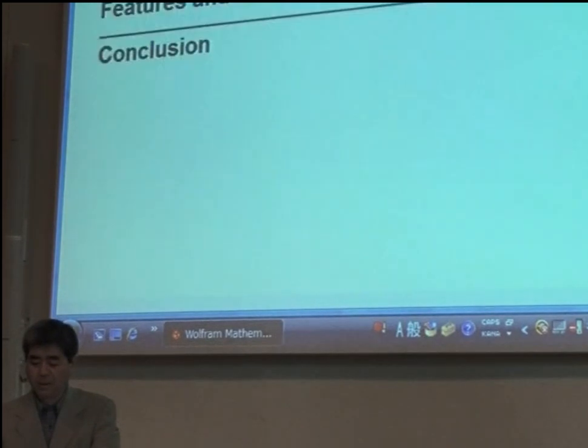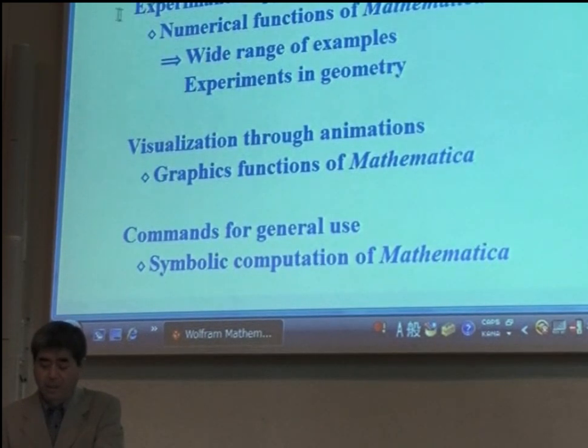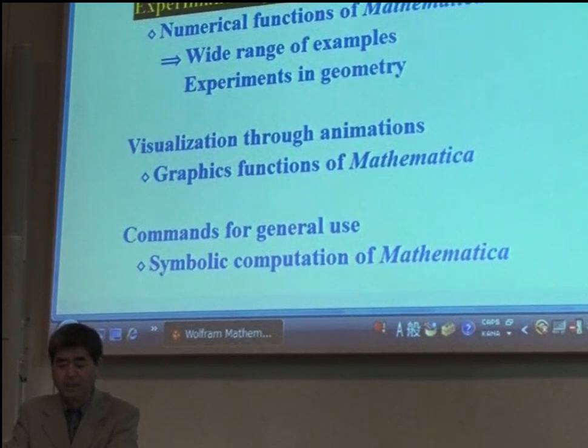So I'd like to explain the features of my book, namely the features of DGeometrica, compared to the book of Alfred Gray. First, I put more stress on the experimental approach, making use of various numerical functions of Mathematica, such as NDSolve or NIntegrate.